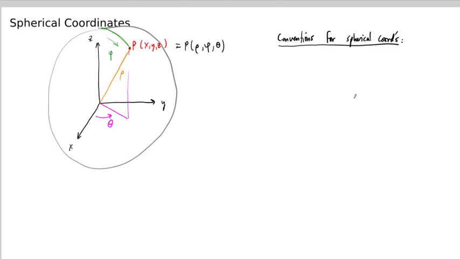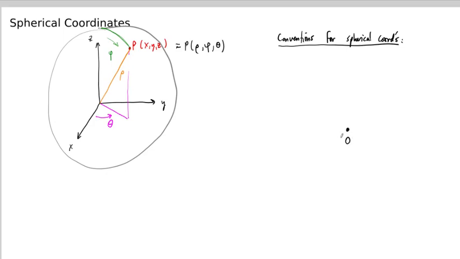So spherical coordinates are like the three-dimensional analog of polar coordinates in the plane. And of course that means that there's a special point, which is the origin in rectangular coordinates, but this point is called the pole in both polar coordinates and spherical coordinates, or we can still call it the origin if we want. We'll call it O. And this point O is the one point in space that is uniquely described by less than three pieces of information.